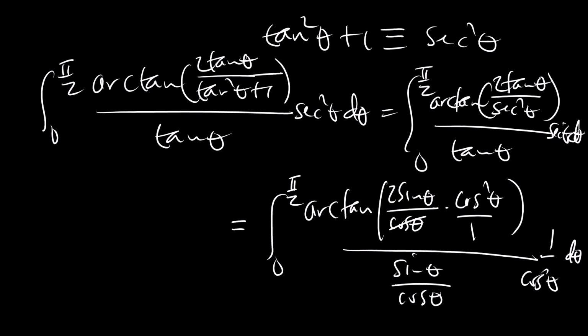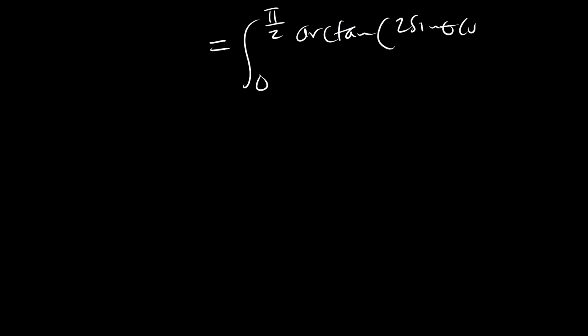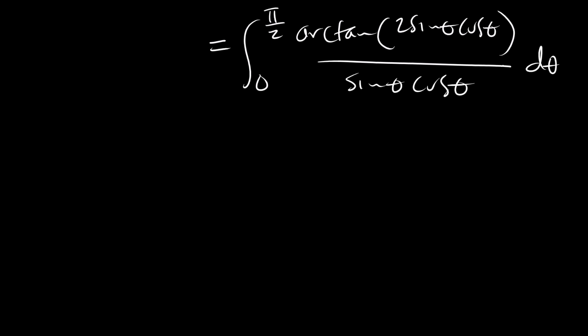So we have 2 sine theta cosine theta over sine theta cosine theta. 2 sine theta cosine theta is the same as sine 2 theta.